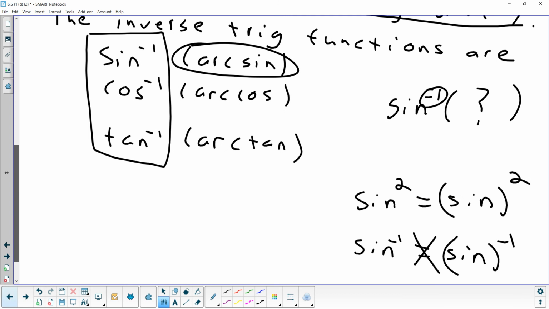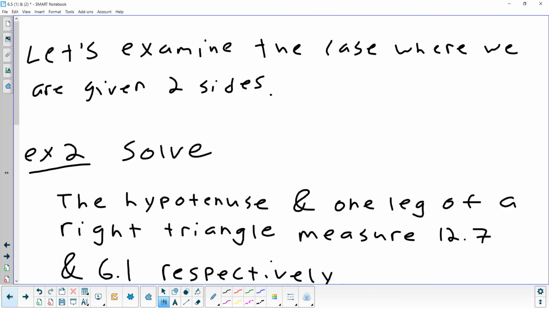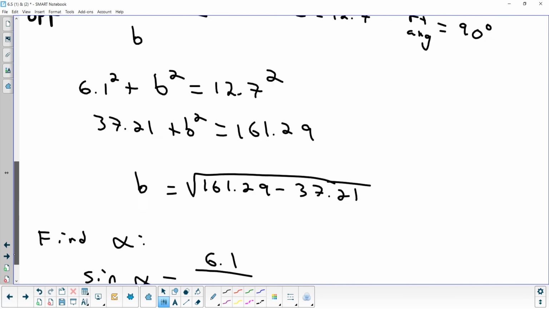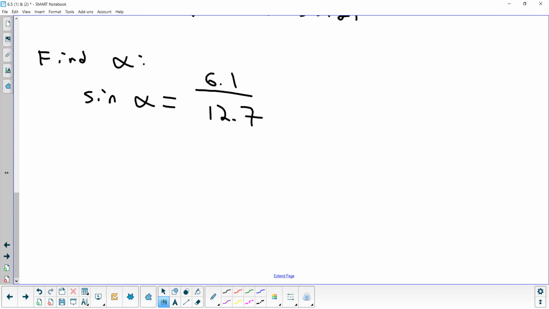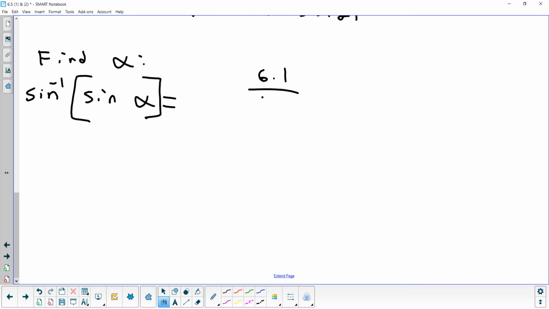So we're going to use inverse trig on this problem. So let's go back to it. And we're going to take, that's the correct word, there is no multiplication at all here. We're going to use the inverse sine function, and we're going to plug all of that stuff into it. And I need to squeeze that in on the right, so I'm just going to move this over a little.